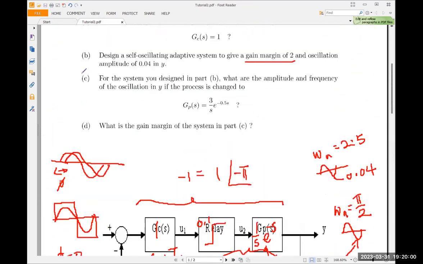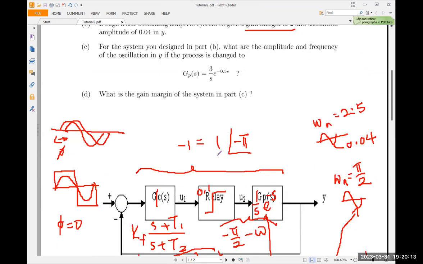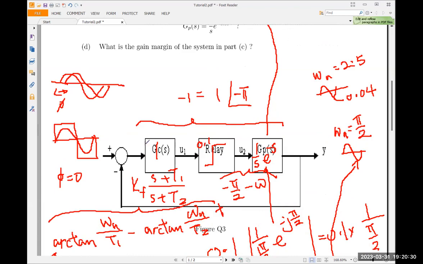3C says the plant has changed. So the plant has changed to 3 over S minus half. So now the plant is this one. So what is the amplitude and frequency of the oscillation? It's still the same equation. You take the phase of this plus this equals to minus pi.